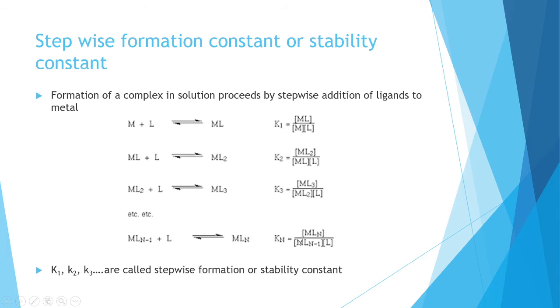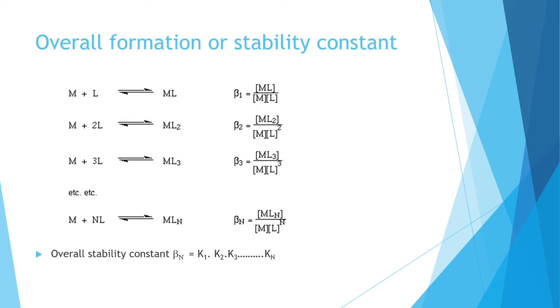So Kn equals MLn divided by ML(n-1) times L. K1, K2, K3 and Kn are called stepwise formation constants or stepwise stability constants. These reactions take place in a stepwise manner, by stepwise addition of ligands, so we term them stepwise formation constants or stability constants.